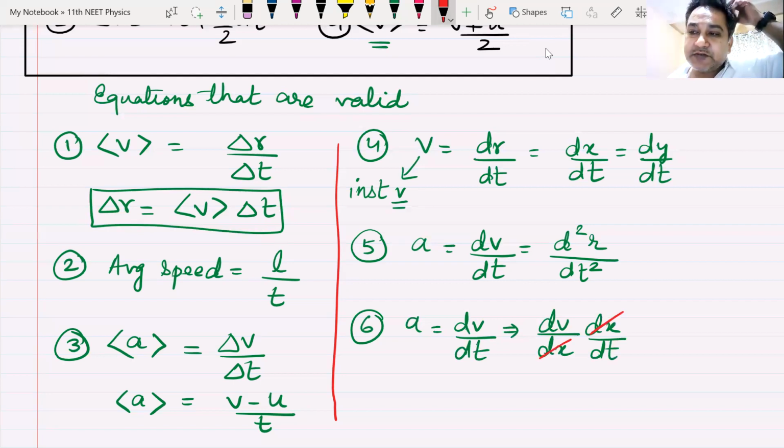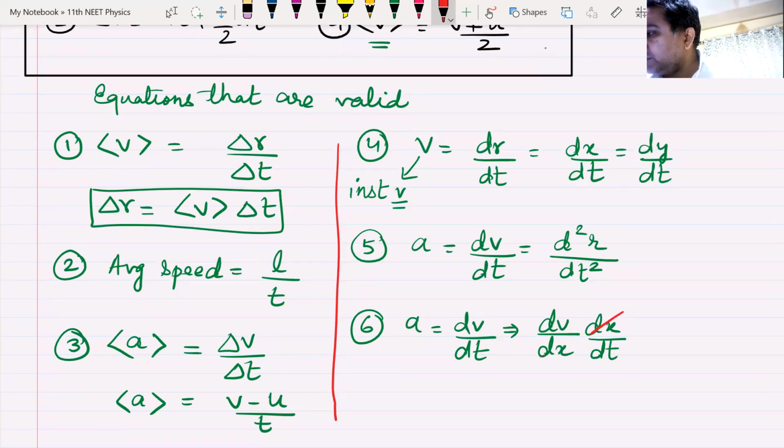This dx and dx can get cancelled. I have multiplied and divided by dx, nothing else.